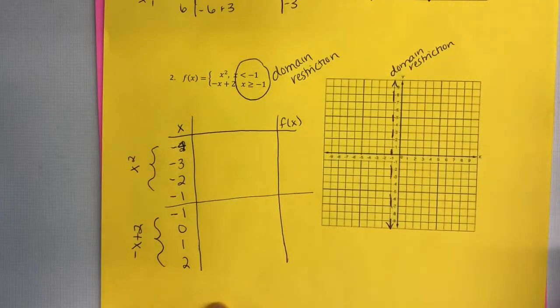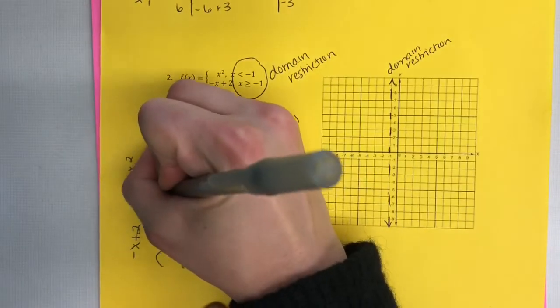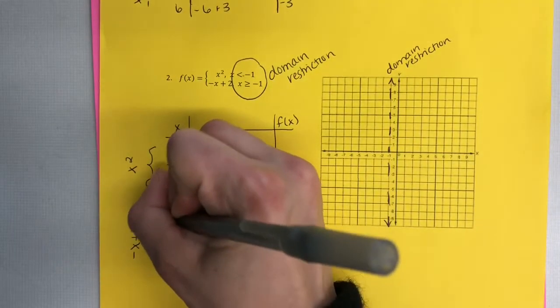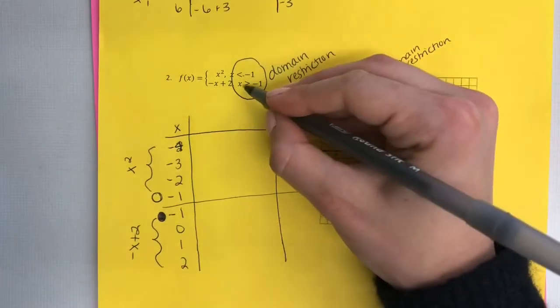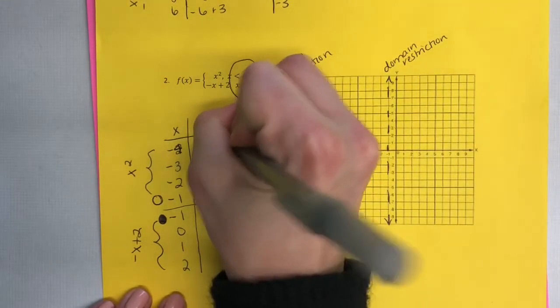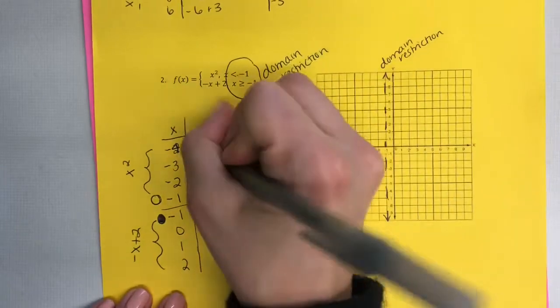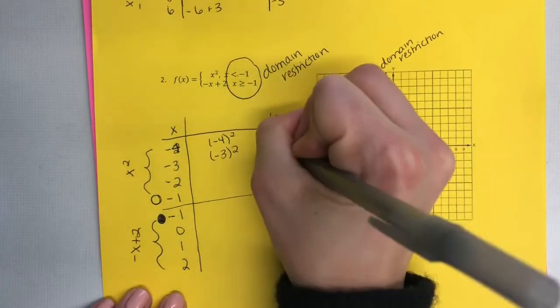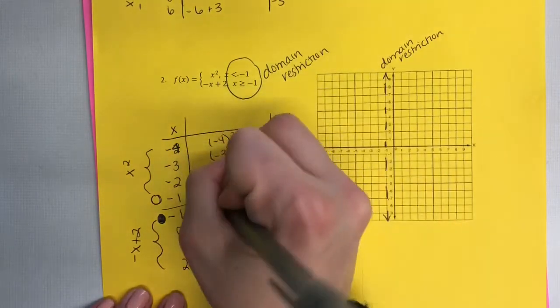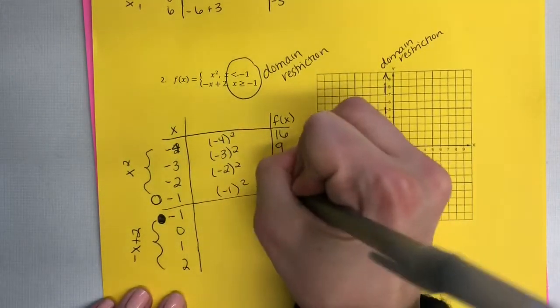Okay, and I do the same thing. This one is the open circle, not equal to, and this one is the closed circle because it is equal to. So I start plugging in my values. -4 squared is 16, -3 squared is 9, -2 squared is 4, and -1 squared is 1.